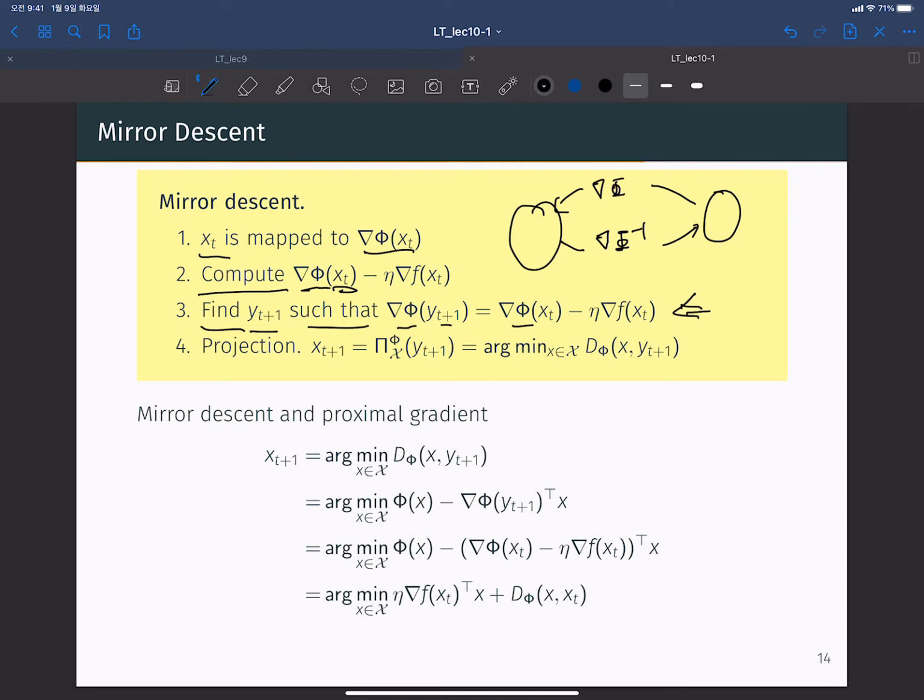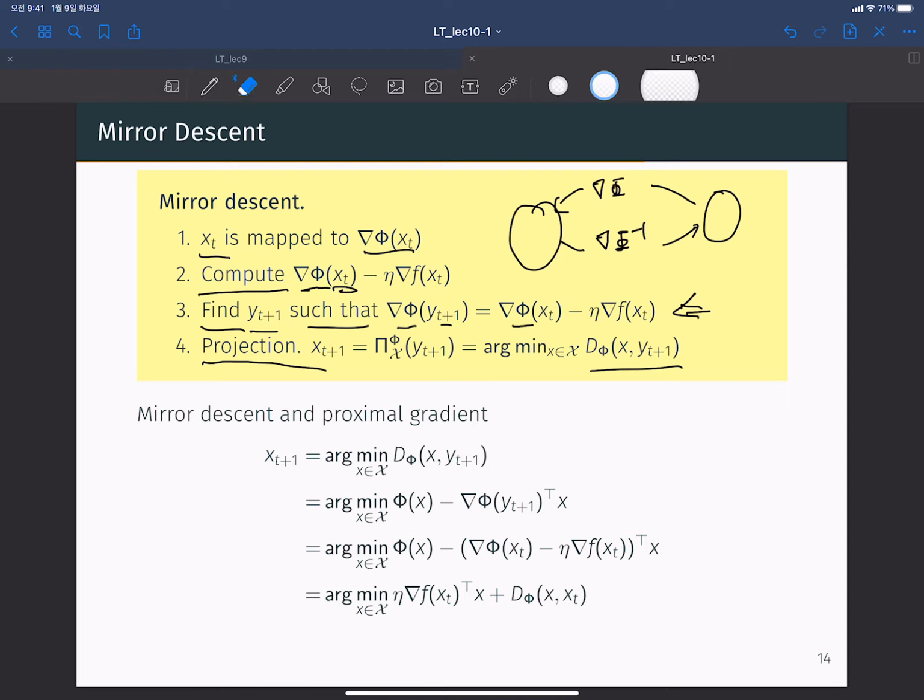And again, it is possible y_{t+1} is outside of our constraint set, so we have to learn some projection operation. In this case, instead of simple Euclidean projection mapping, we use Bregman divergence projection mapping.